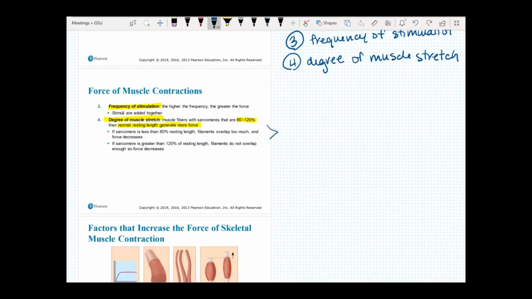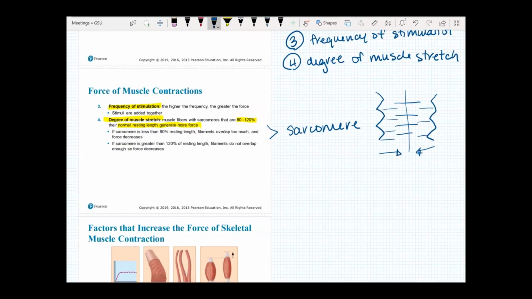So that's where that degree of muscle stretch, this is where the sarcomere structure comes back into play, because based on the sarcomere, if we have our Z line here and here, remember this is our sarcomere, we can essentially only shorten the length where our actin is meeting in the middle. We can only shorten this much.